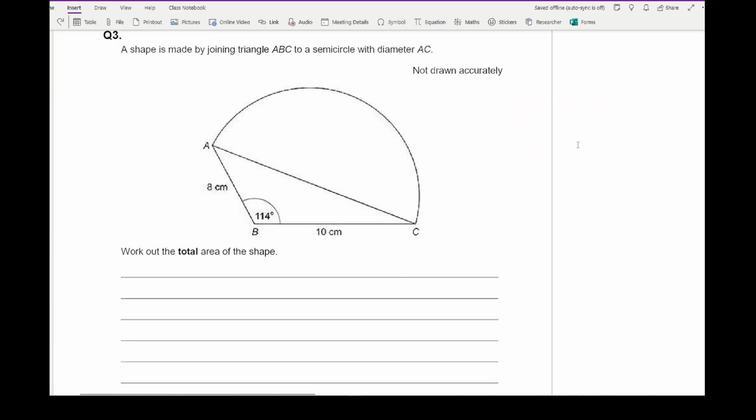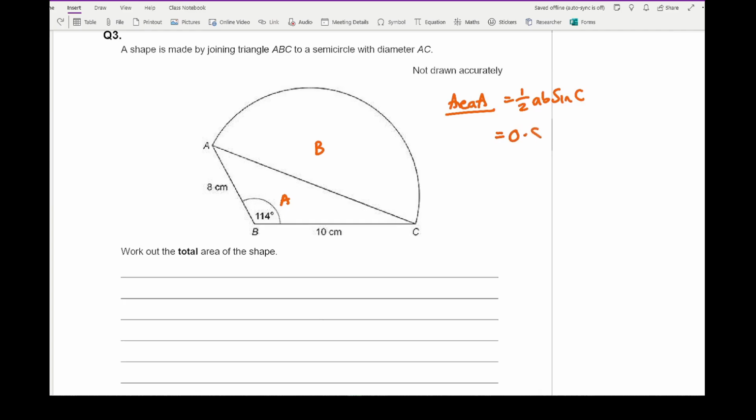Moving on to question 3, it says the shape is made by joining a triangle ABC to a semicircle with a diameter of AC. And the question is asking us to work out the total area of this shape. Now for this, what I need to do is label the two shapes A and B. Area A is the triangle, so it's going to be equal to half AB sine C. And again, because we've got an angle involved, I know it's going to be using this formula.